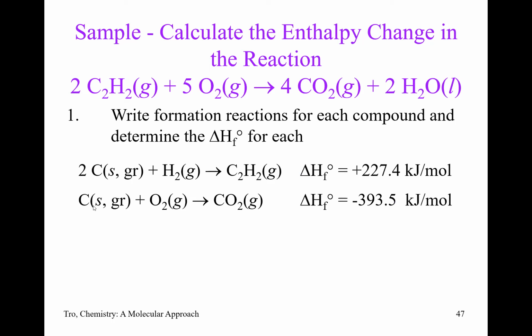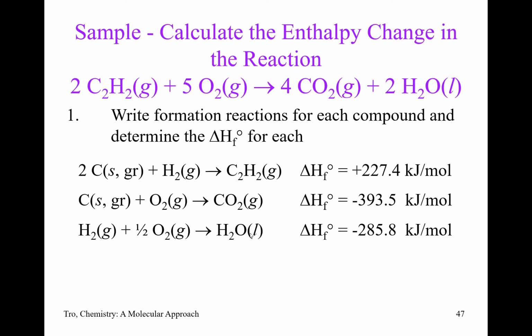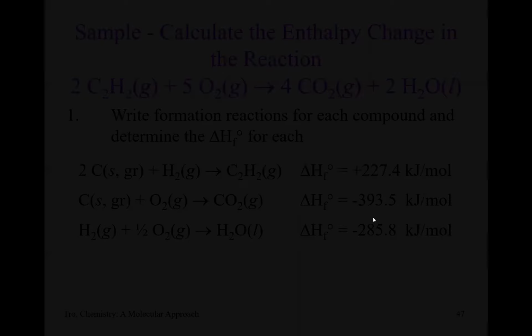Then we've got the graphite going to CO2, right? There's a 4 in front that we're going to need there. And then the water is hydrogen and half a mole of oxygen. And that will need a 2 in front.